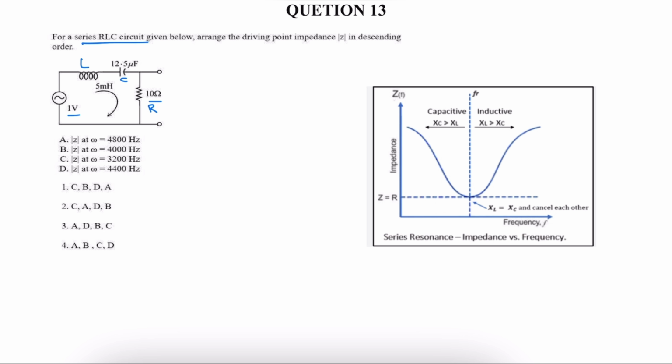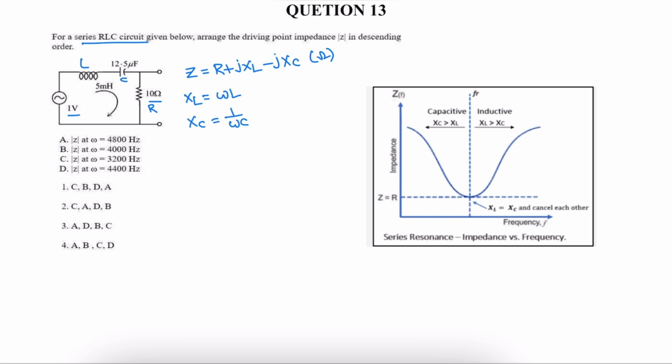The total impedance Z is R plus jXL minus jXC, where XL is inductive reactance, that is omega L, and XC is capacitive reactance, that is 1 by omega C. Units of impedance is ohms.